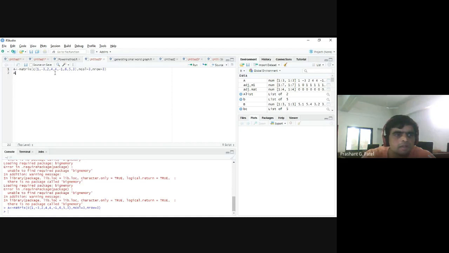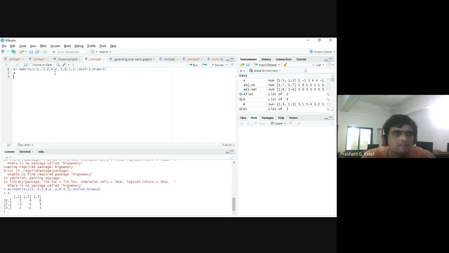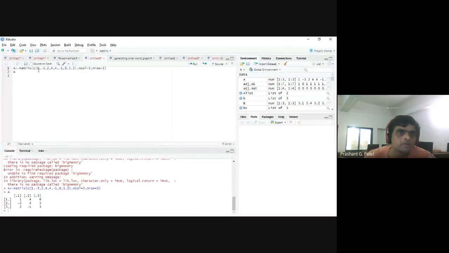What is our A? A is this. It takes the values as columns. So I have entered the values by column: 1, -3, 2, 4, 4, -1, 6, 5, 3. So this is our matrix.